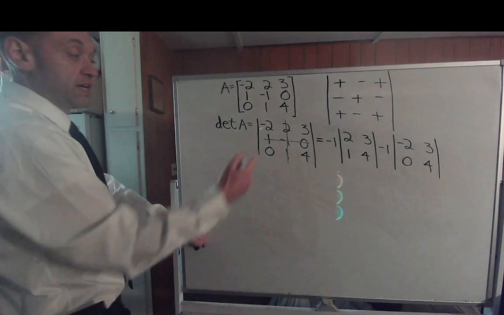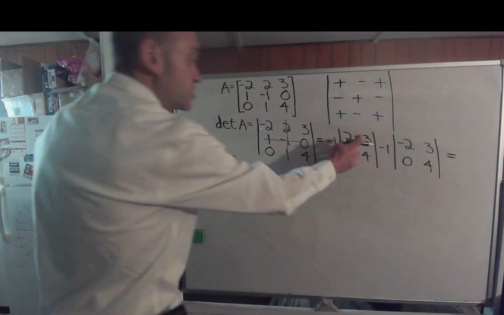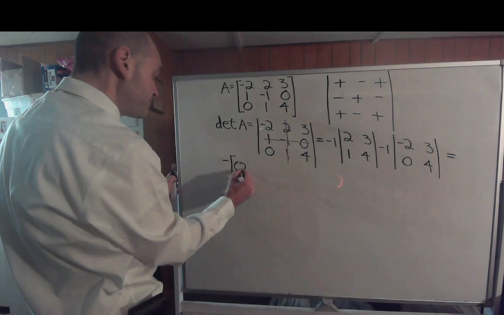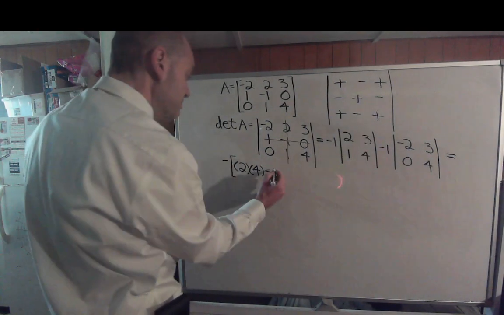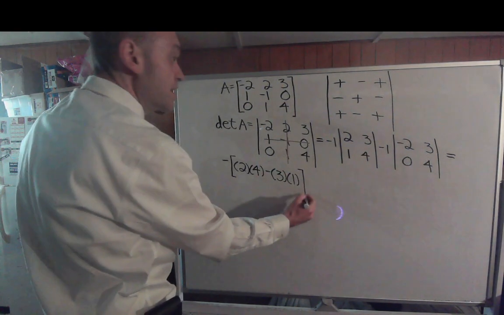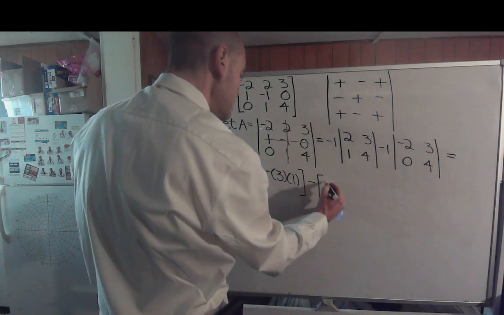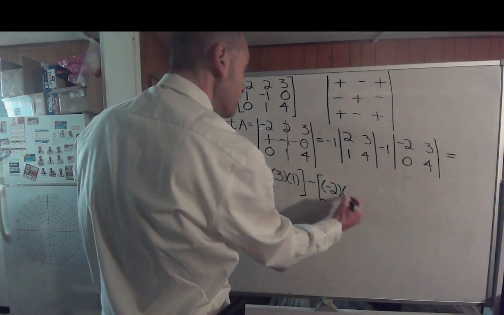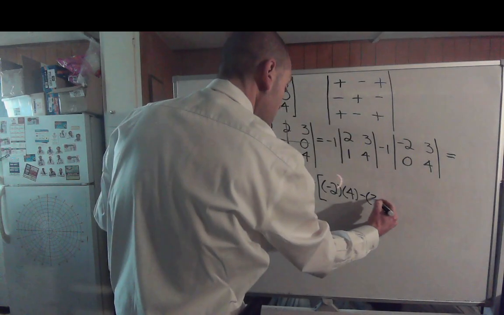So now we can just solve these smaller 2 by 2 determinants. That'll be negative of 2 times 4 minus that 3 times 1. And then minus this determinant here, that would end up being -2 times 4 minus 3 times 0.